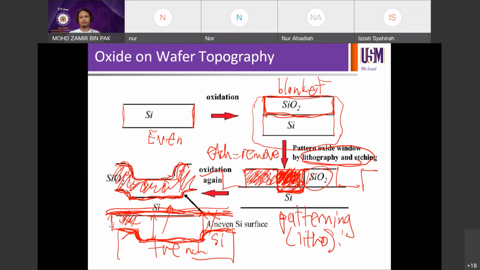But suddenly when you grow oxide, the top of the silicon dioxide is flat. So it doesn't follow the underlying layer of silicon. So what does it mean? In terms of the growth rate of your oxide. Anyone? Any idea?